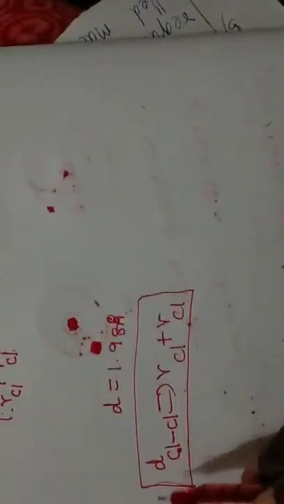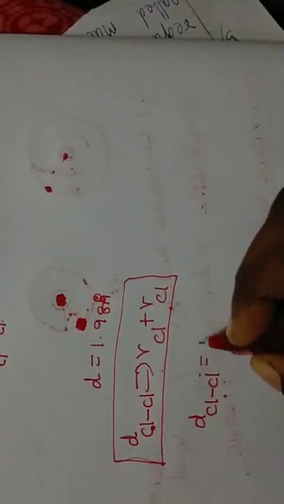So they mention this in this formula: D Cl single bond Cl is equal to RCl plus RCl. What is RCl? The radius of one chlorine plus the radius of the second chlorine. Doing the calculation, how many RCl are there?